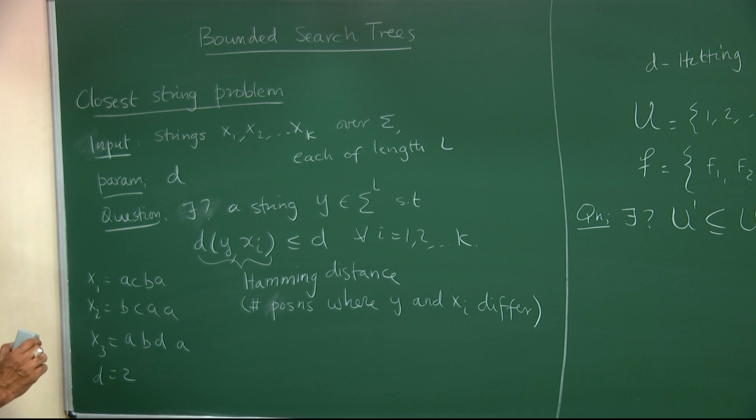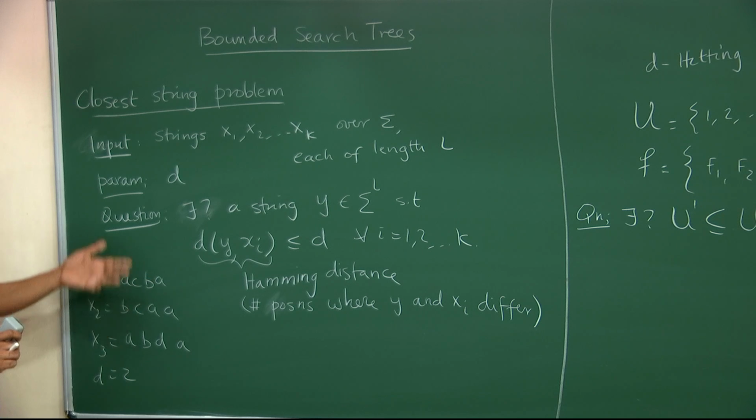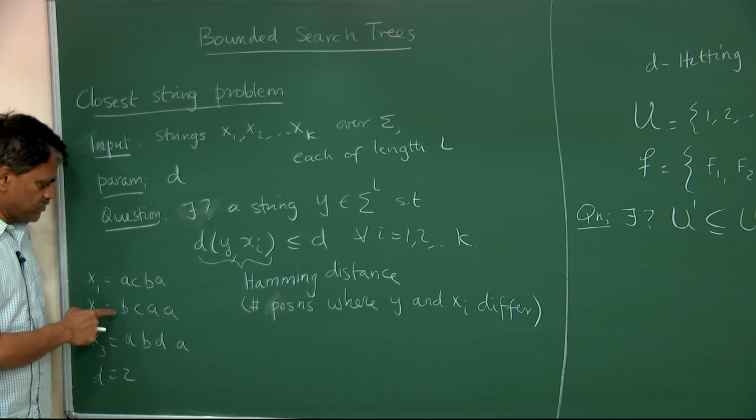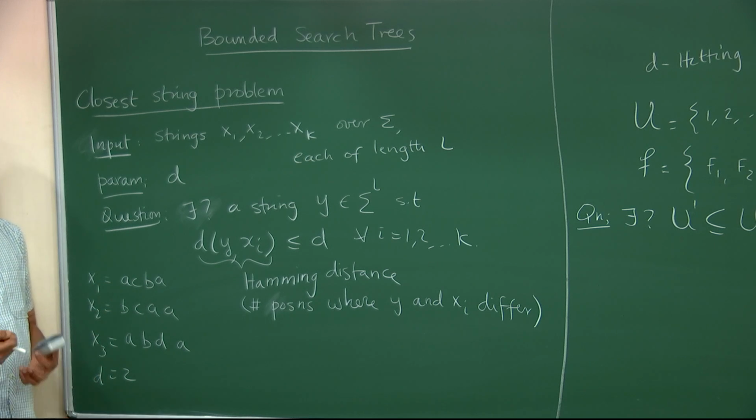So, what is the problem I am interested in? You are given k different strings, each string over some small sized alphabet, and I have a demand of d. I want a center string, a string which is not far from each of the strings in Hamming distance.